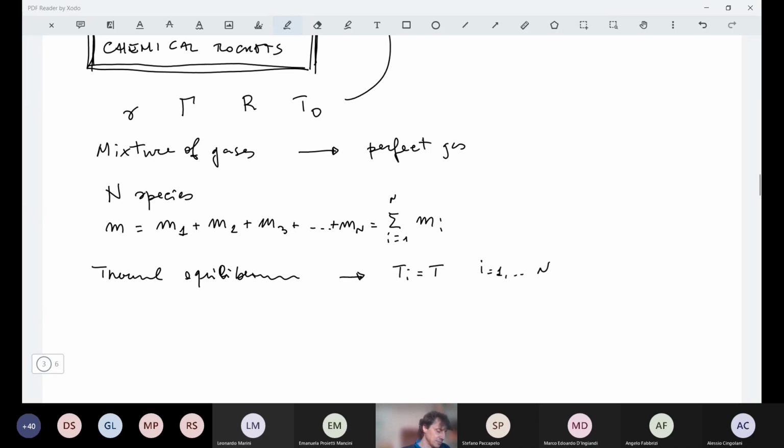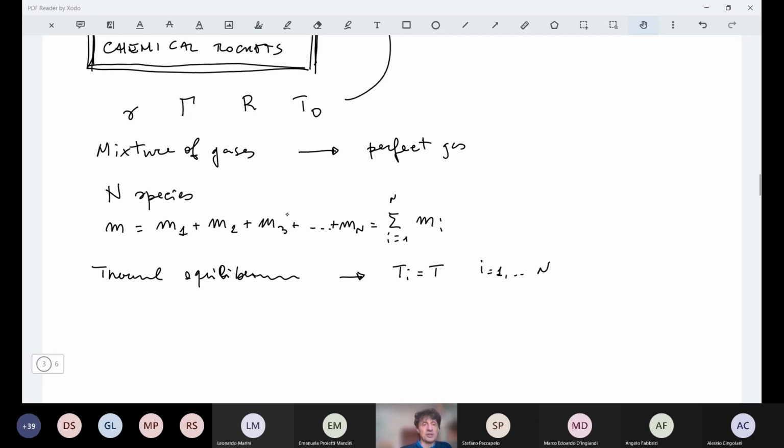This is something that is achieved in a very short time, and so we can always consider that we are in thermal equilibrium for our applications. There are special cases where this is not the case when we have chemical reactions, but this is a very special case, and does not affect the overall conclusion that we can achieve.